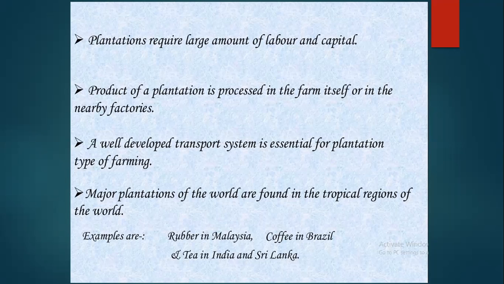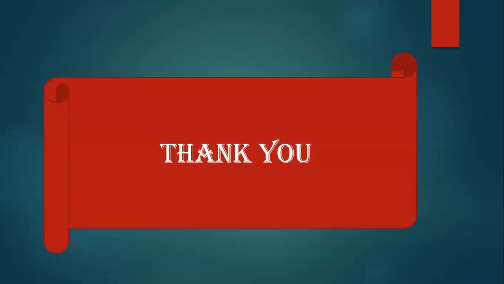The product of the plantation is processed in the farm itself or in nearby factories. They keep a well-developed transportation system for moving the processed plantation crops from one place to another. And it is mostly seen in the tropical regions of the world.